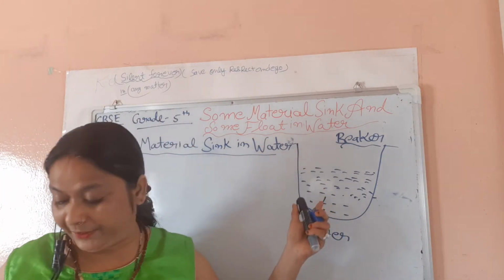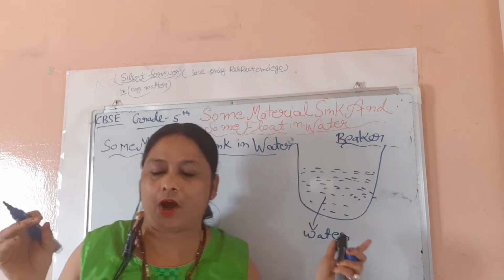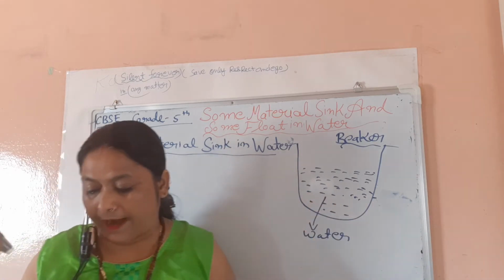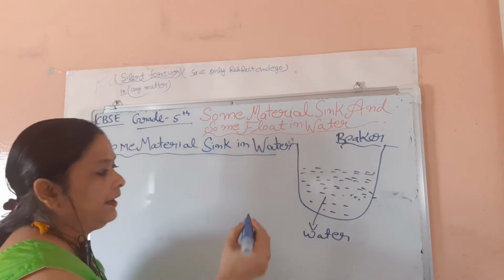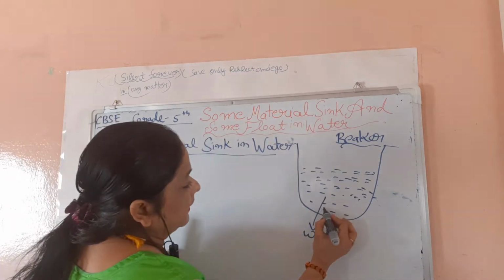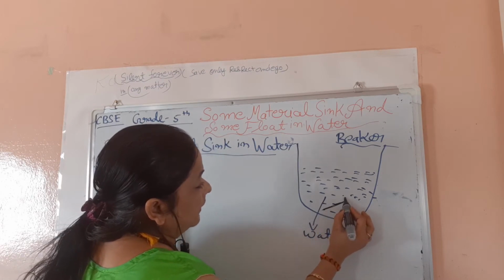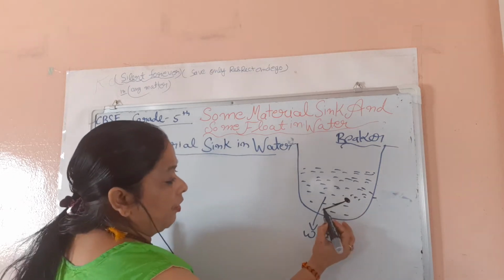Here, take a beaker and fill about two-thirds of it with water, and drop an iron nail in it. Consider that this is an iron nail. This is showing on your screen.